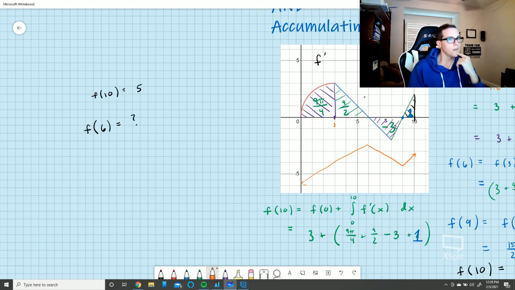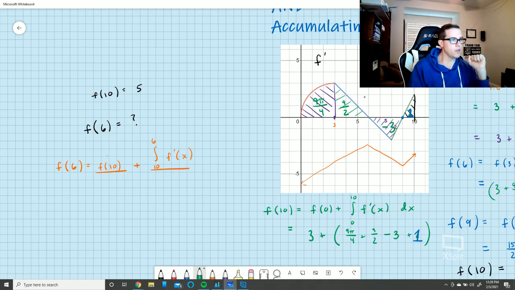Well, I guess we could do it all in one move. Let's see if we can do it in one move. So f of 6 equals the initial condition plus accumulation. My initial condition is f of 10, which means my accumulation needs to be from 10 to 6.